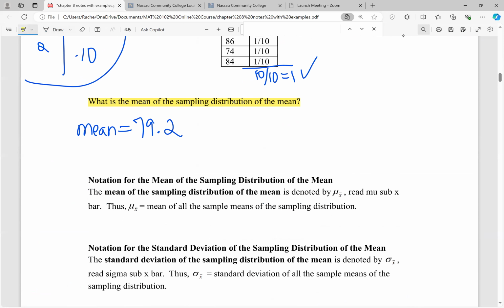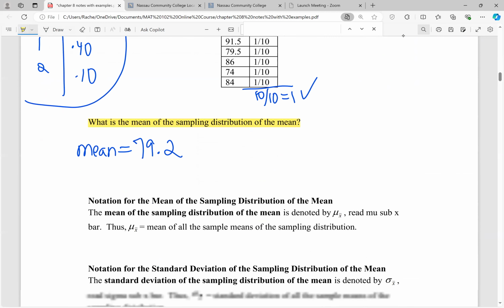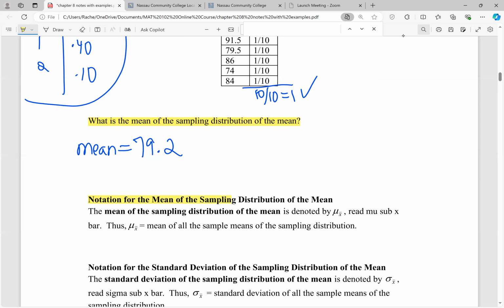Now we have a specific symbol that we use for the mean of all the sample means. So let's talk about notation for the mean of the sampling distribution of the mean. We use this symbol called mu sub x bar, which is this guy right here. It's a mu with a little sub x bar next to it. We can't call it mu, right? Because mu is the mean of a population of x values, but we're not looking at a population of x values.